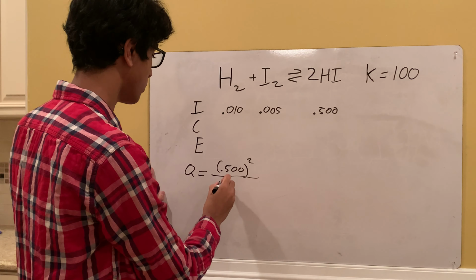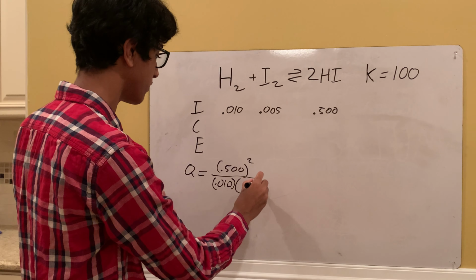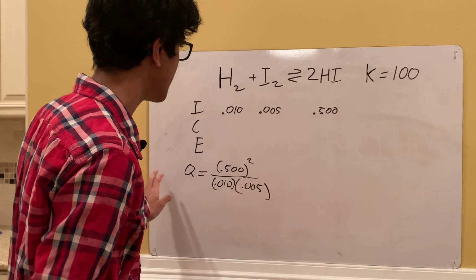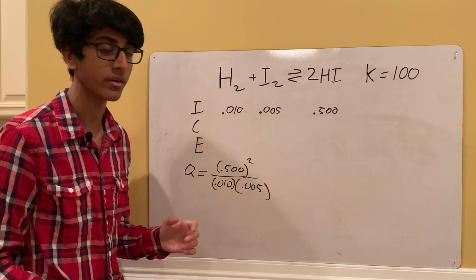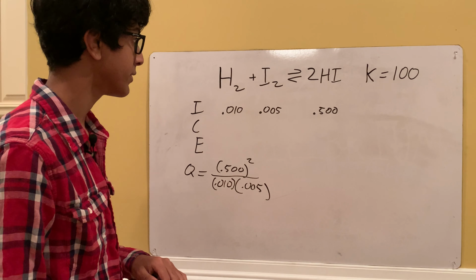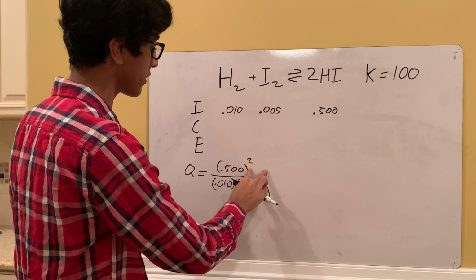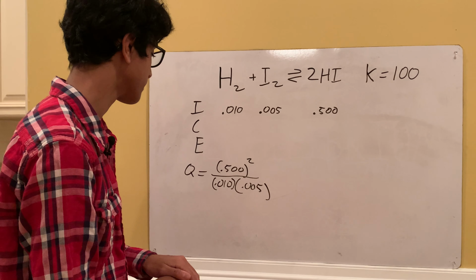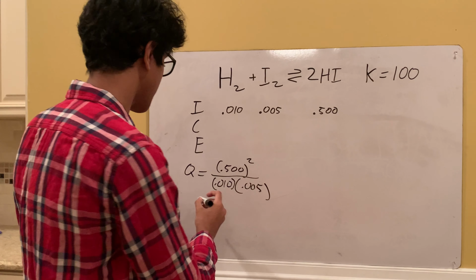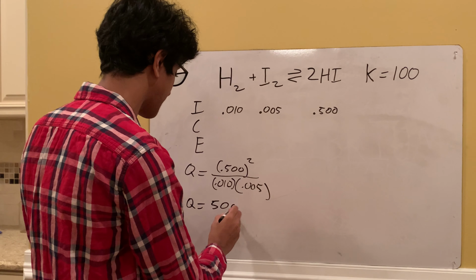So 0.010 multiplied by 0.005. And there's no coefficients, so we don't have to square them or anything. And if there were more products, then you'd multiply the products inside the numerator. And then we find out that Q is equal to 5,000.